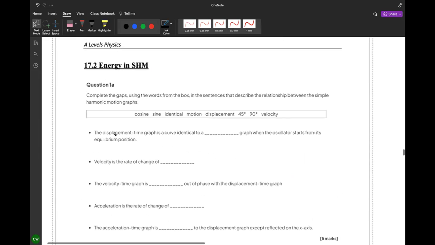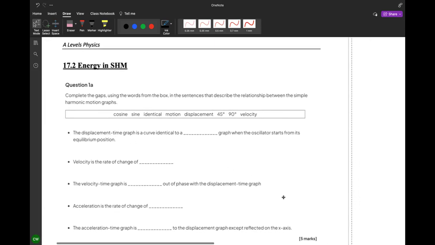Okay, try to complete the diagram. I'll give you 5 minutes to read and see. Only 5 minutes, 3 minutes.